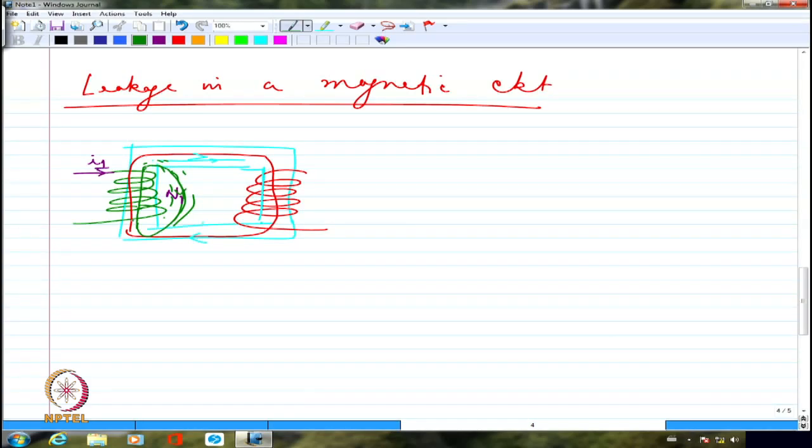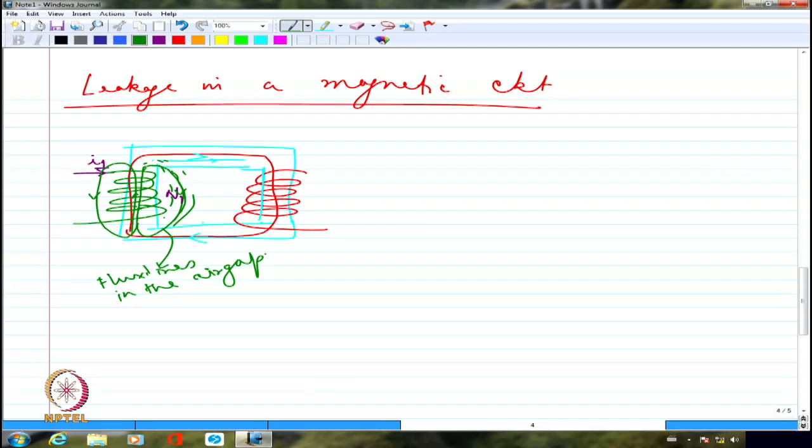The same way it can also go on the other side. Right? This can go like this. So these are flux lines in the air gap. These are the flux lines in the air gap.